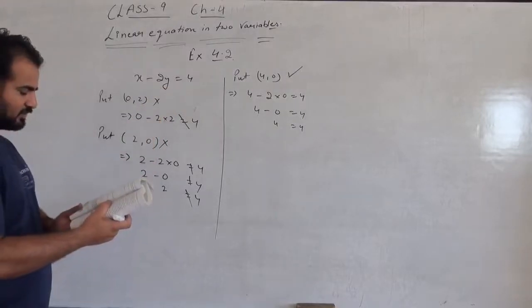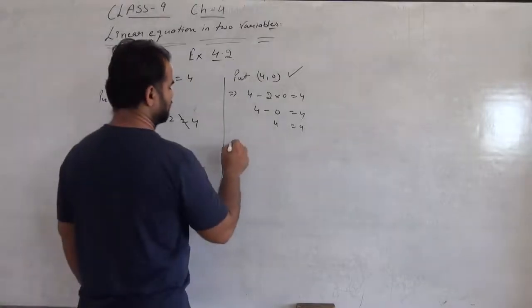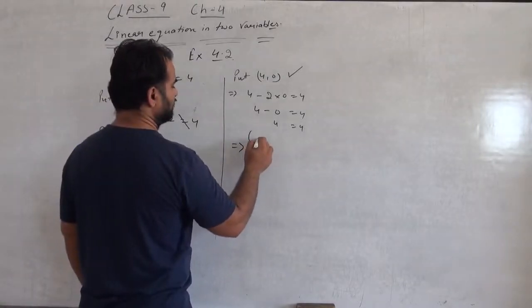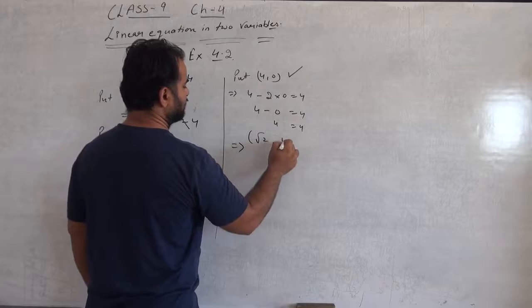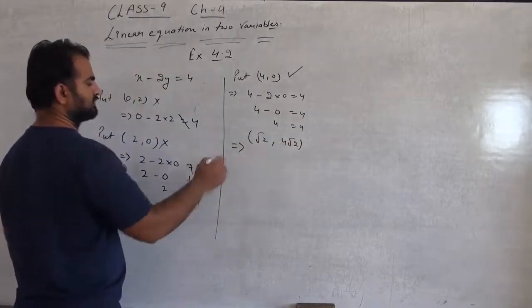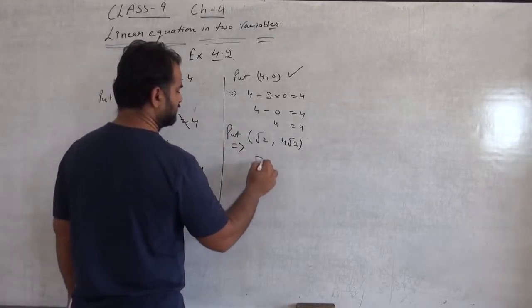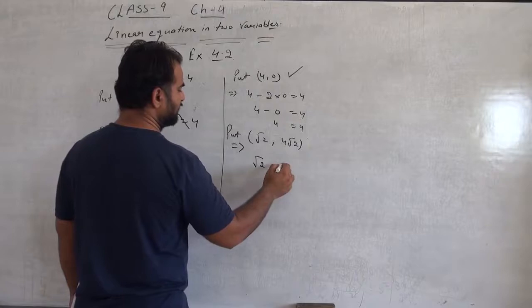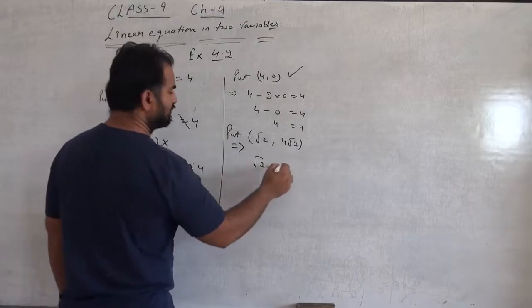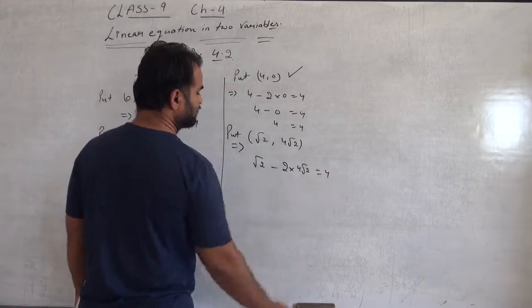Next is root 2, 4 root 2. So what we have to do is put this. Okay. So it will be x is root 2 minus 2 into 4 root 2 equals to 4.